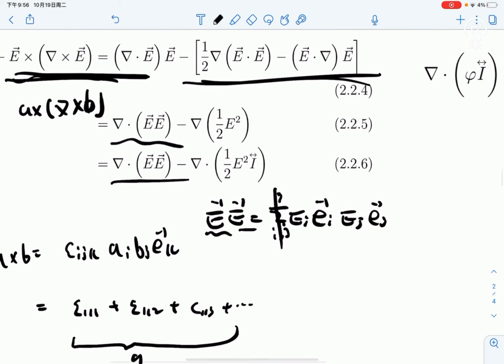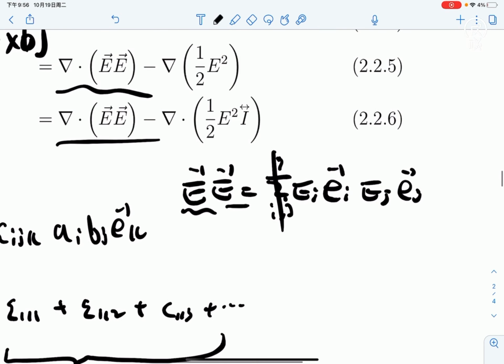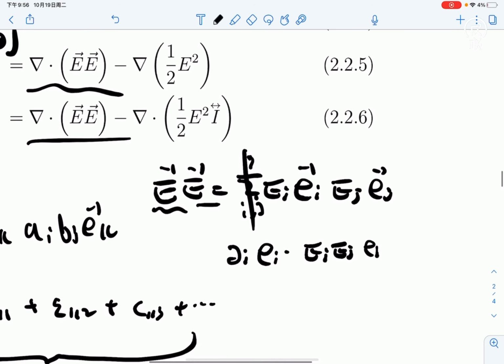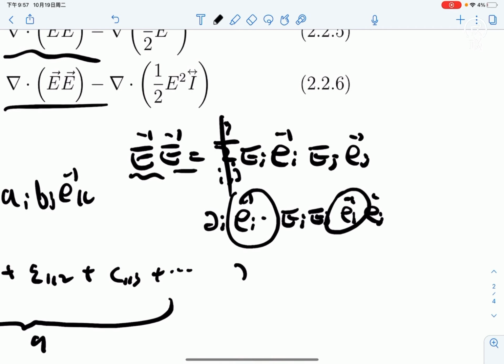So when you dot it, it basically means that e_i, e_i started with i, j, e_i, e_j, and we dot with this, which is equal to e_i, e_j, e_j.